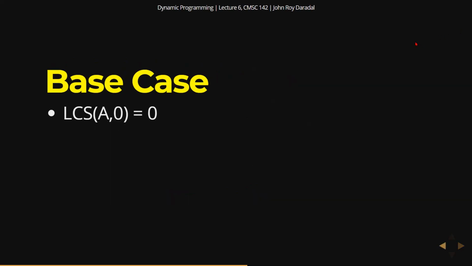Now, for the base case, we need to establish the base case, right? Because we cannot start populating the table if we don't have any values that start the table in the first place. So LCS of A0 is 0 and LCS of 0B is 0. Now, why is this the case?